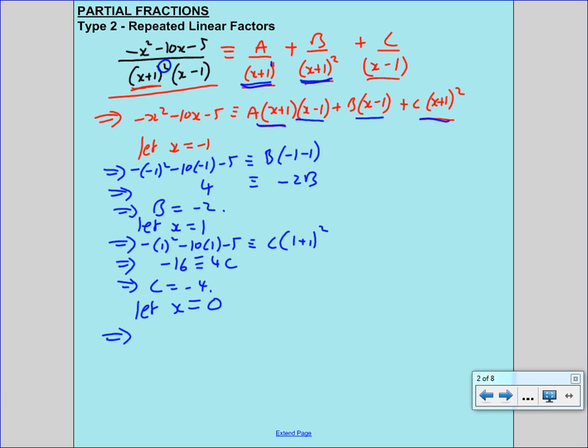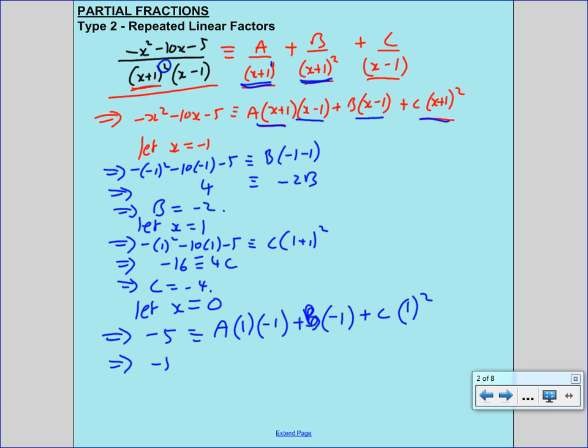So on the left hand side, 0 squared minus 10 times 0 minus 5 is the same as A times (0 plus 1) times (0 minus 1), plus B(0 minus 1), plus C(0 plus 1) squared.